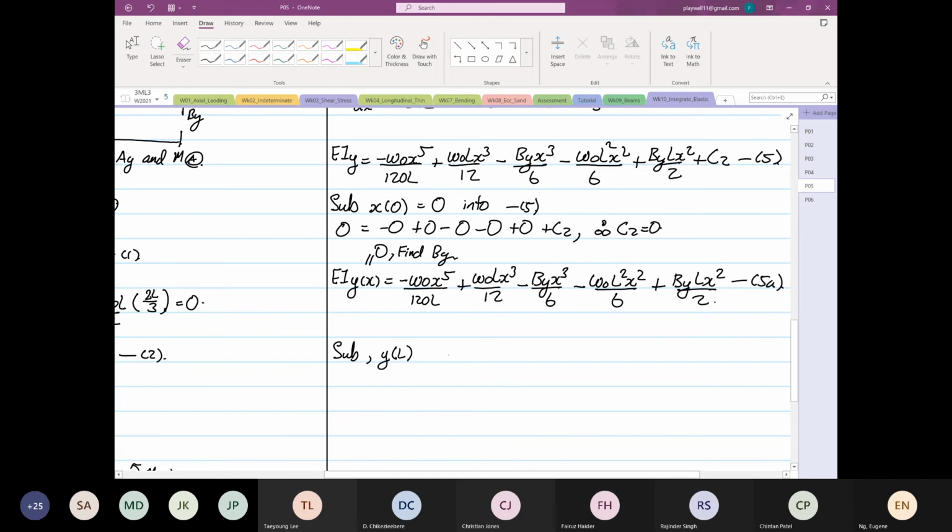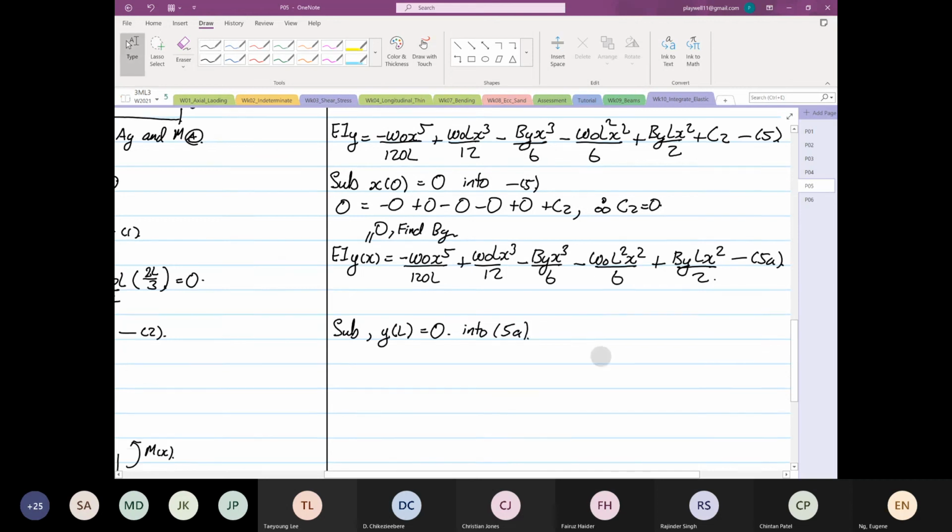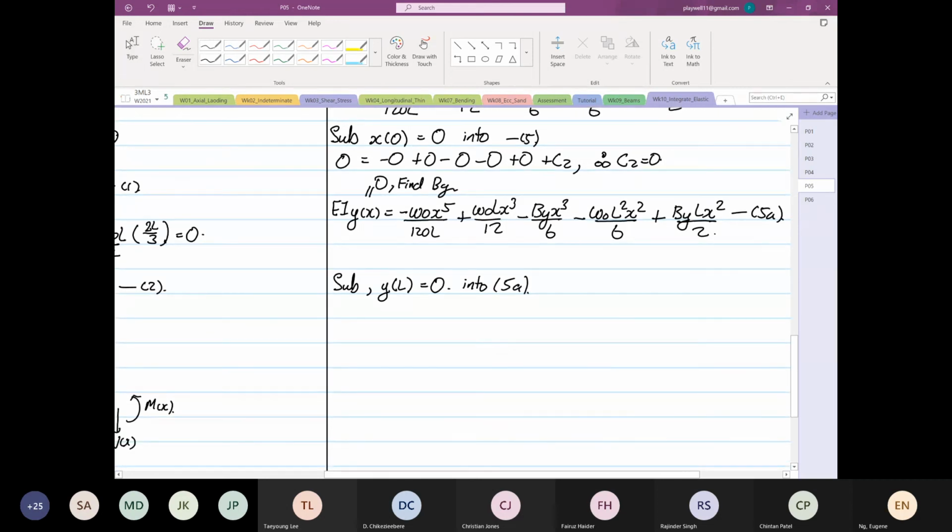when x is equal to L, y will be equal to what? 0 into equation 5a. So when that's the case, this will be equal to 0.